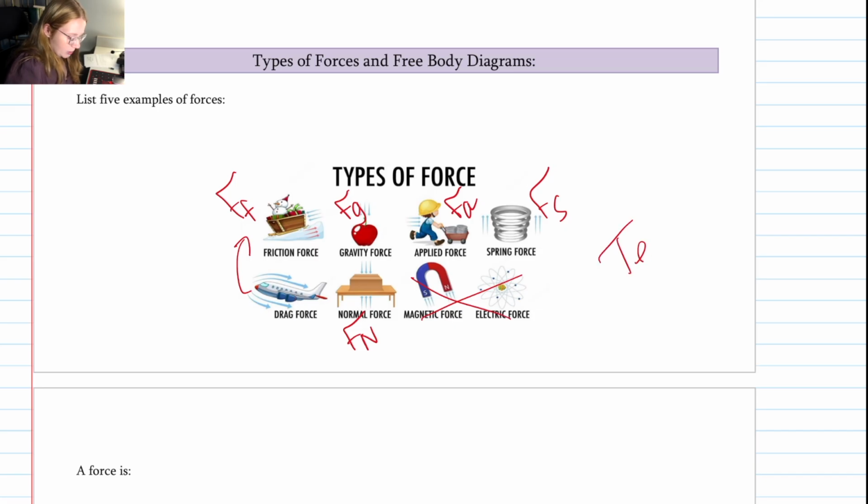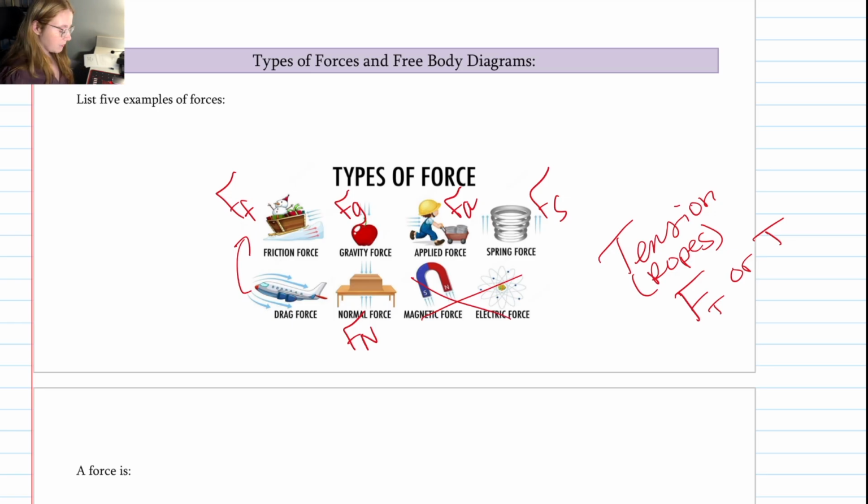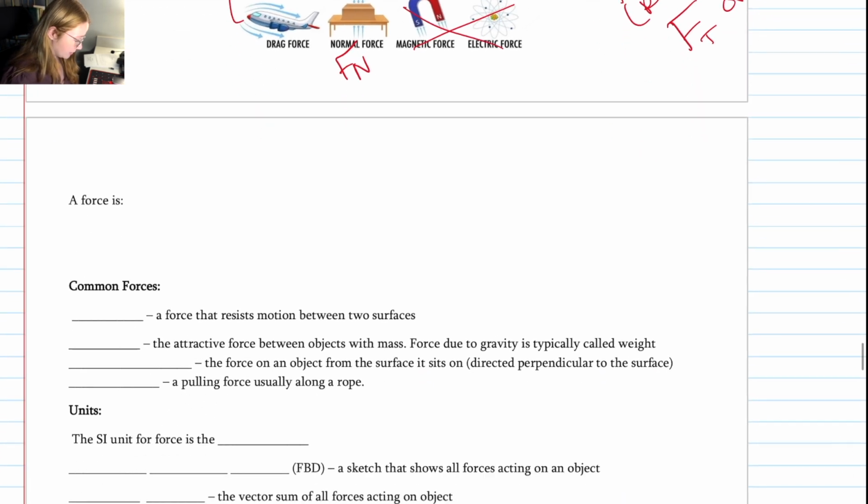One thing I forgot to mention is there's also tension. When you think of tension, think ropes, and that would be represented by Ft or just capital T. So those are kind of our options for typical forces we have. If it's another specific force, it could probably be categorized as one of those forces anyways.